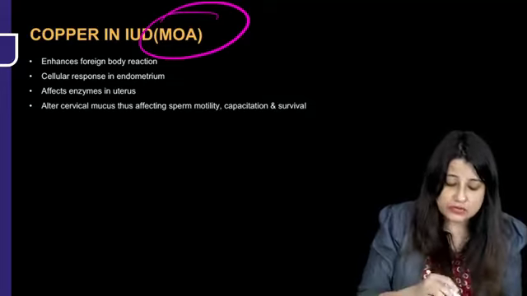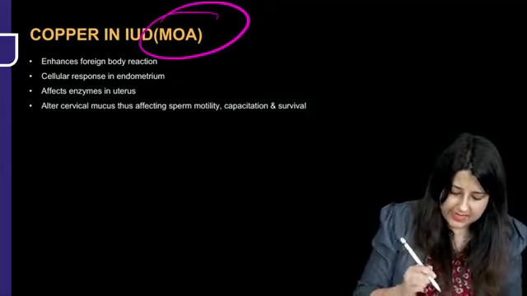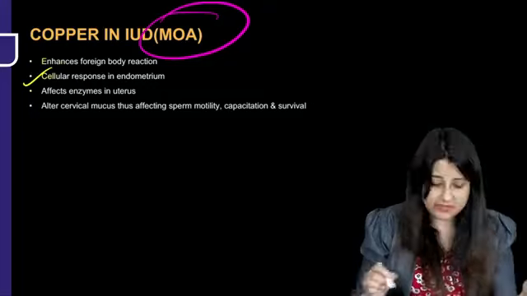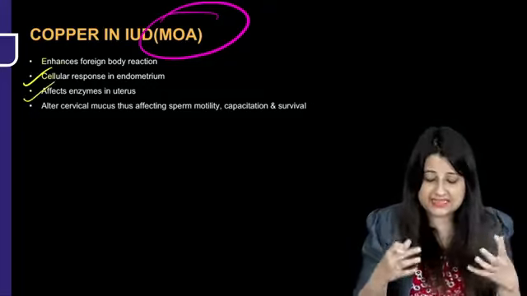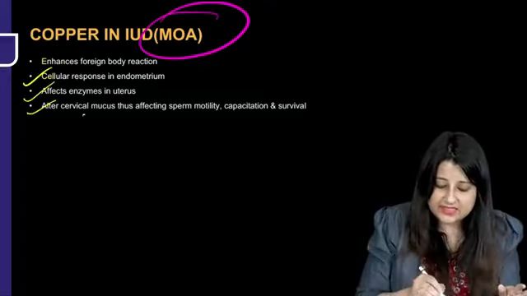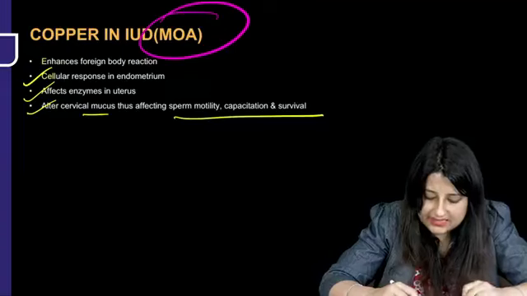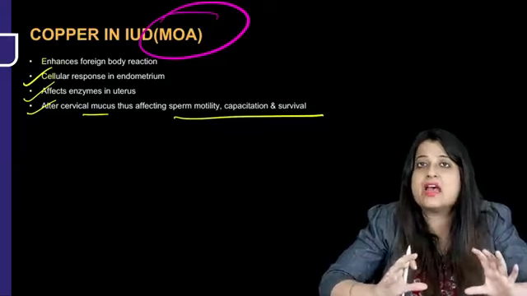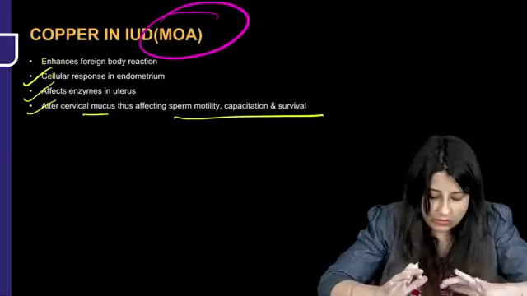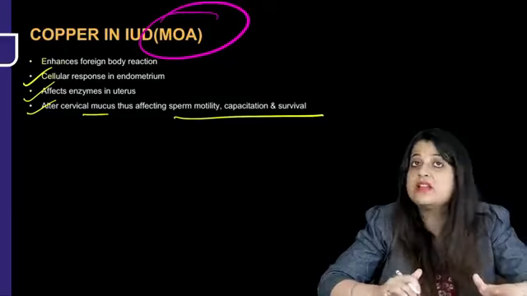It enhances foreign body reactions and cellular response in the endometrium, and affects enzymes in the uterus. It affects the cervical mucus, thus affecting sperm motility, capacitation and survival. It basically makes the environment hostile.